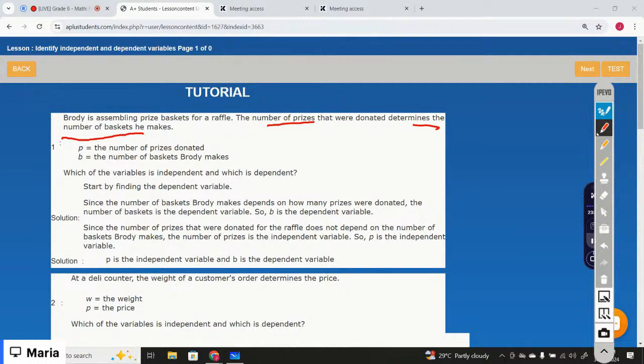So the number of prizes determines the number of baskets. So that means the number of baskets is dependent on the number of prizes. P is independent and B is the dependent.